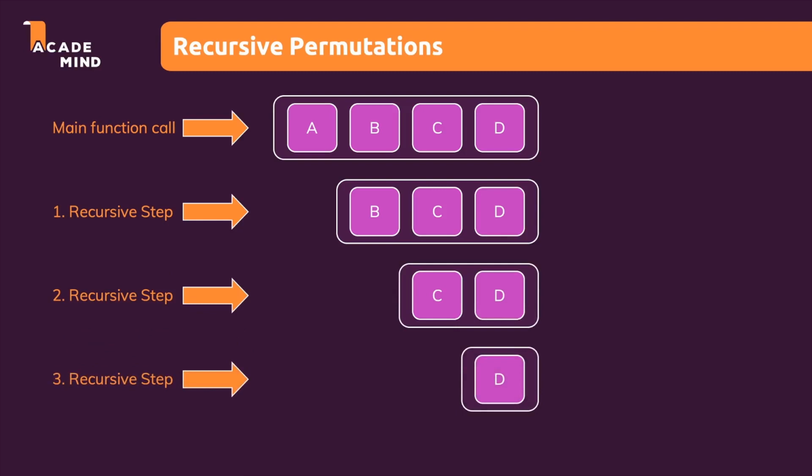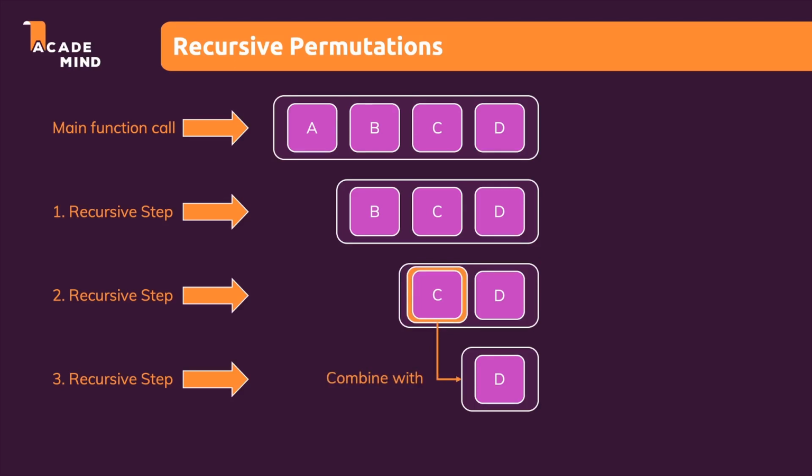So until we get an array with just one element, then we'll not call ourselves again. Instead, we will then basically write some code to combine this single element with the other element we left out when we created that single element array. So we in the end combine D with C here.